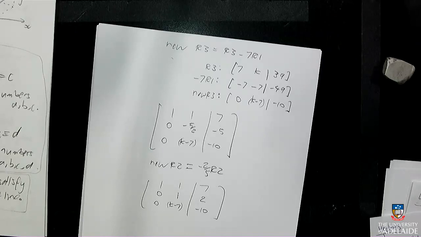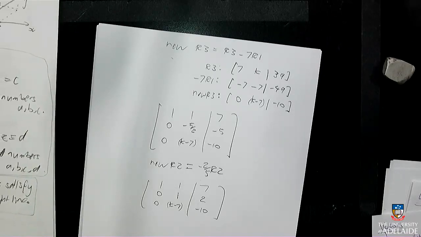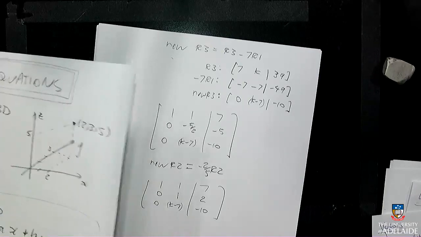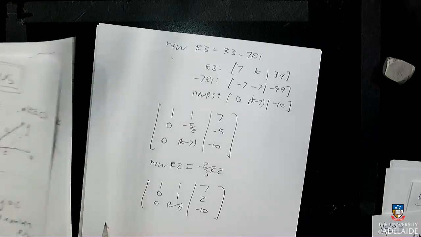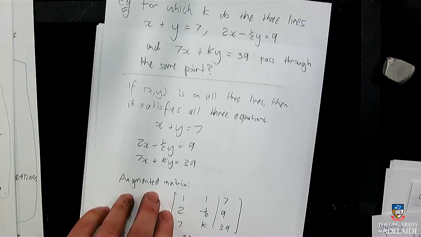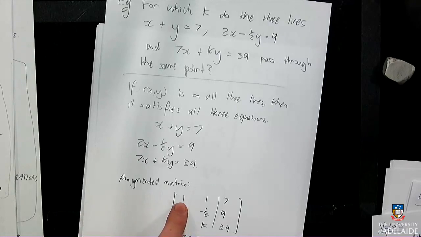I think I've done something wrong here. I think something bad has happened. I'm just going to check something. So my new row 2 was row 2 minus 2 of row 1. So minus 2 minus 14.